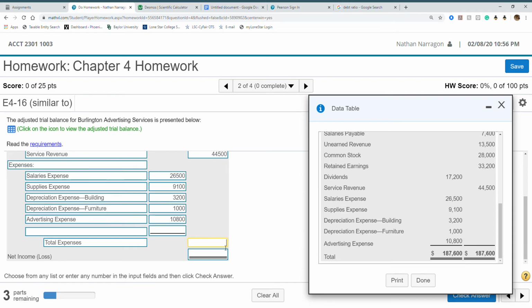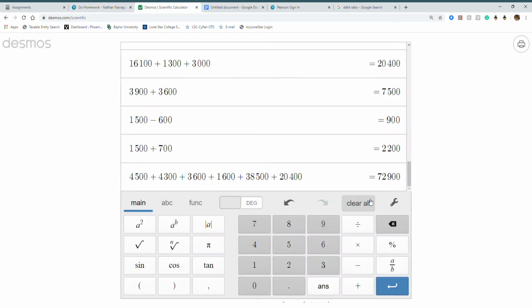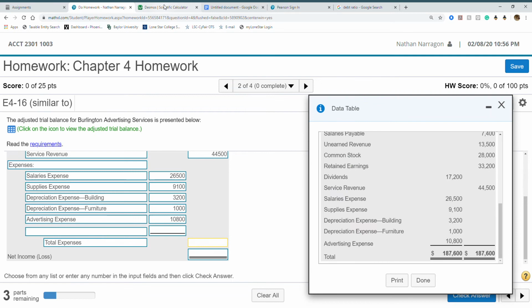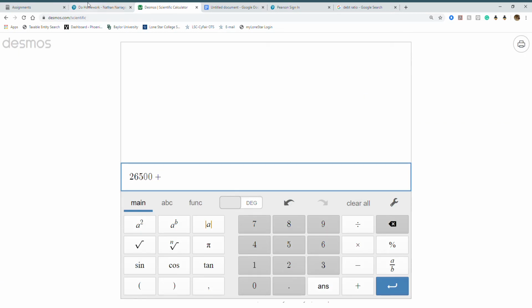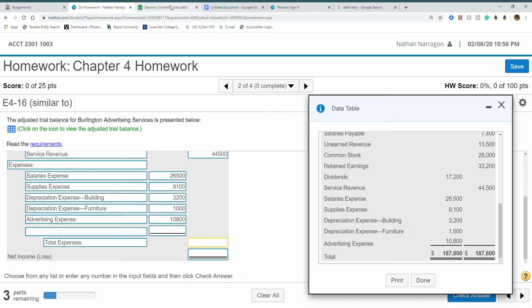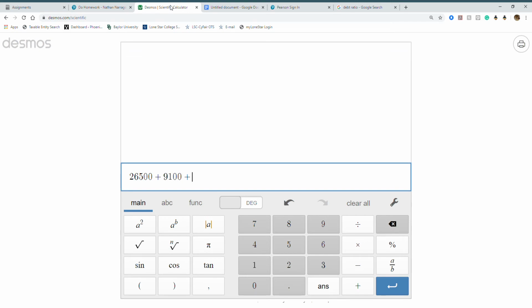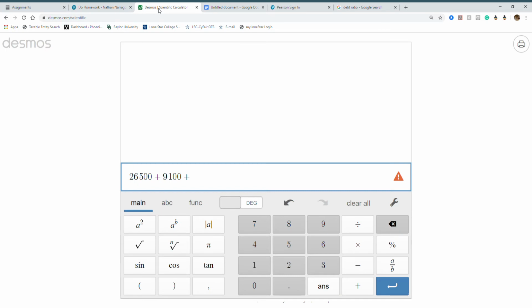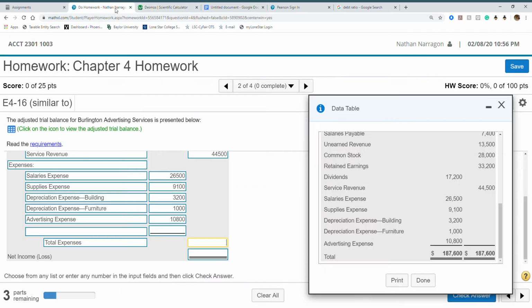Okay. Now we just got to find the total of these. So, calculator's coming out. Let's clear all this. So we had 26,500 plus 9,100 plus 3,200, 1,000.